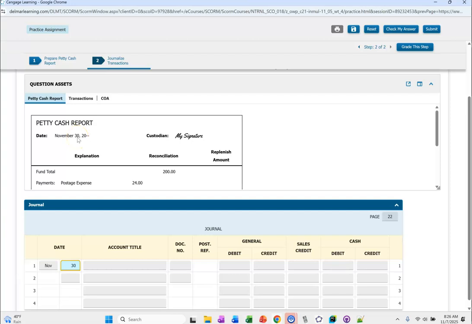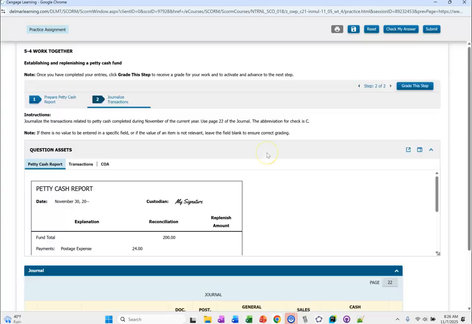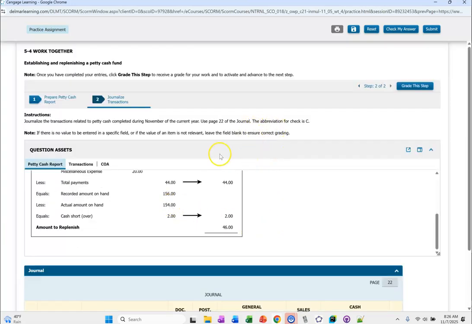Oh, I was looking at the. Yeah, so the transactions aren't recorded until we do the petty cash replenishment. So they sit in like limbo there, so to speak. So we said we use check number, did it say in here?